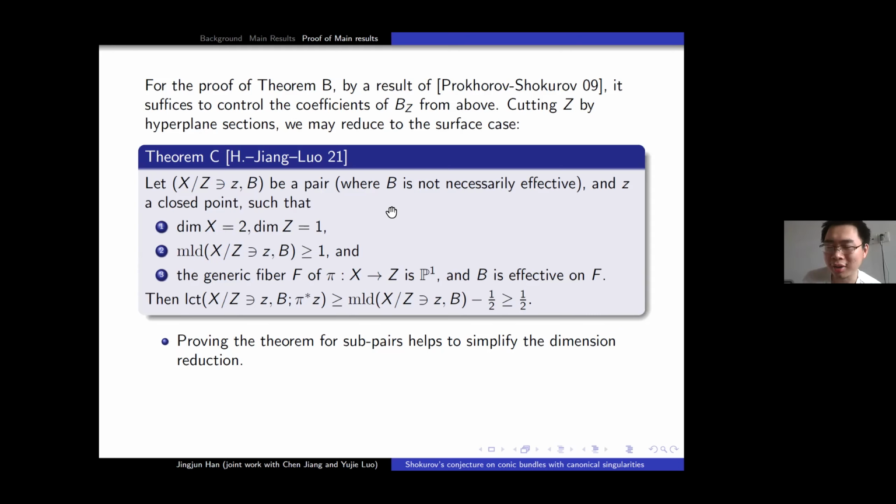Because in a Calabi-Yau fibration, when the general fiber is Calabi-Yau, if you apply the canonical bundle formula, you can see that in some cases the coefficients will be very large, tending to 1. This means that you cannot control the base of the pair. And in the higher dimensional case, I think it will be much more difficult.